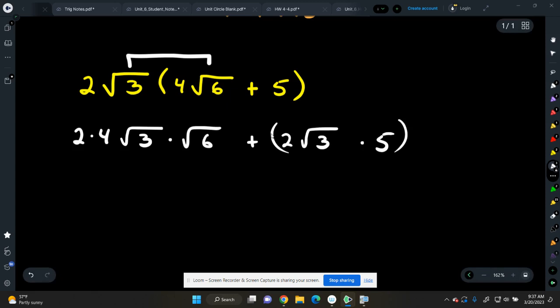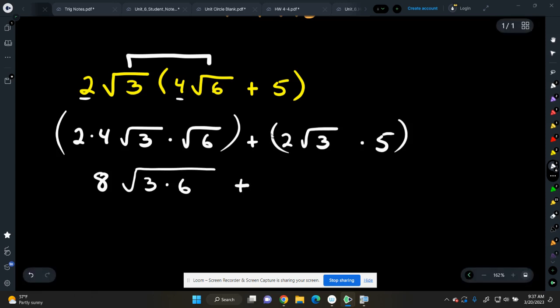Put these in parentheses so you can see them. So we're multiplying what's on the outside. 2 times 4 is 8. And then on the inside, I've got 3 times 6.